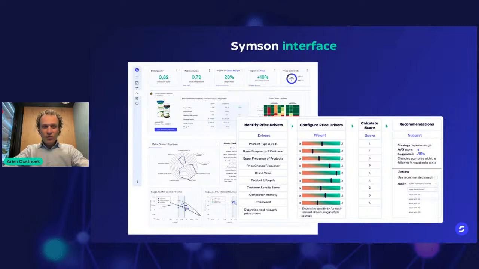So in our interface, we provide you with insights. Each product you've uploaded into Symson could get a price sensitivity score, and we offer you also a heat map and spider charts to explain and to make clear what are the main drivers for this product, and in this case, what leads to the price sensitivity.